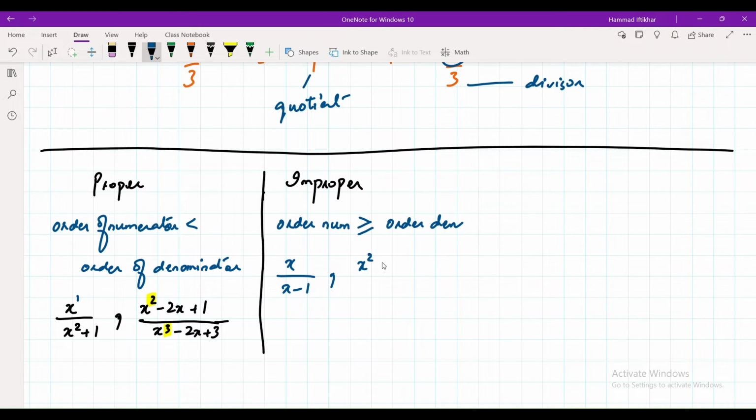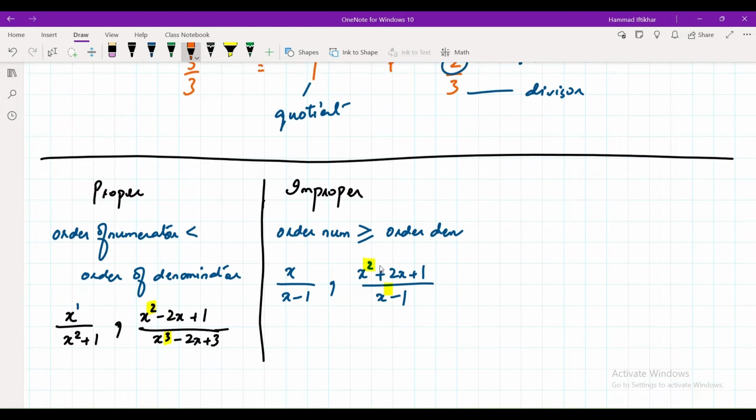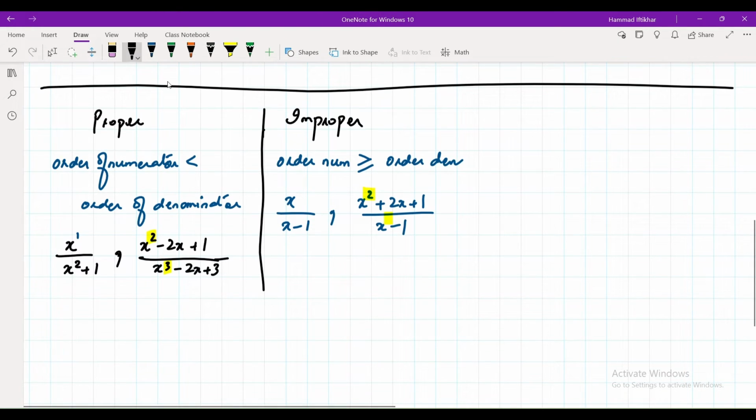If I have x squared plus 2x plus 1 divided by x minus 1, for example, that is an improper one also. As long as the order of the numerator is greater than or equal to the order of the denominator, it's an improper one. And just like the example above, when we have the improper, only then we need to convert it into a mixed expression form.